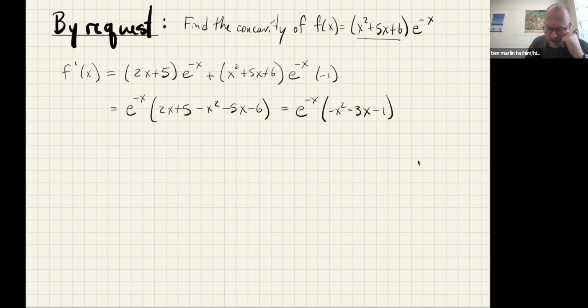Okay. So now for getting our f double prime of x, just like before, we identify our two factors.